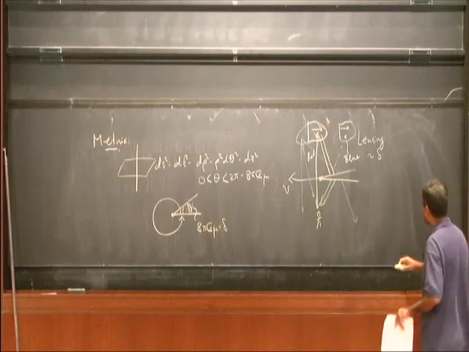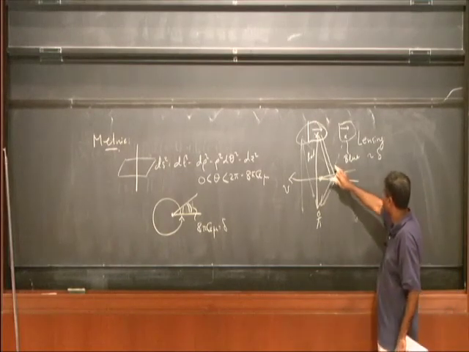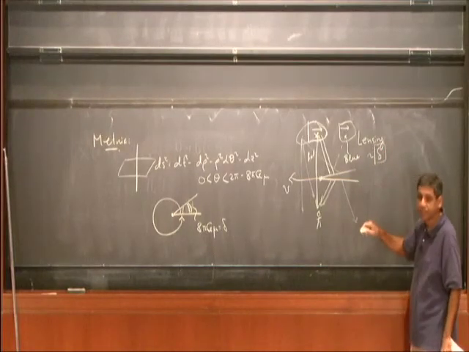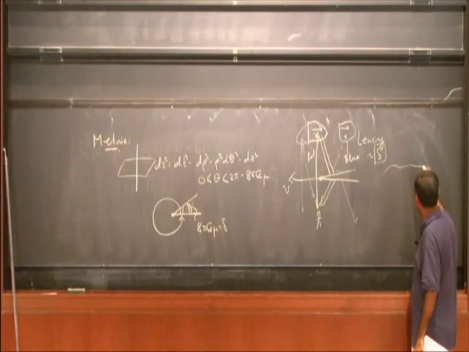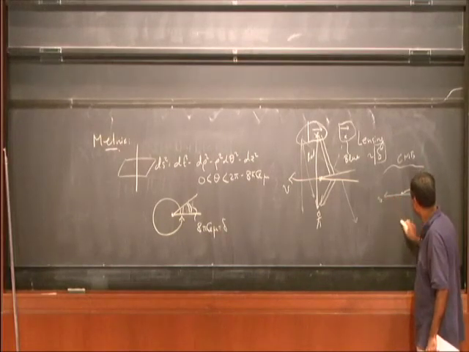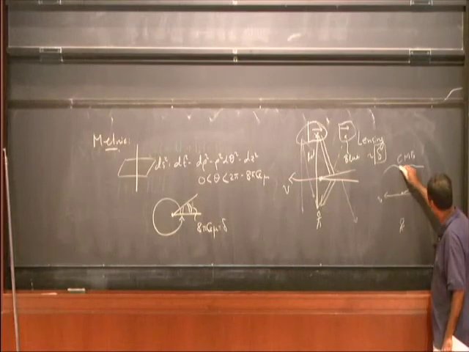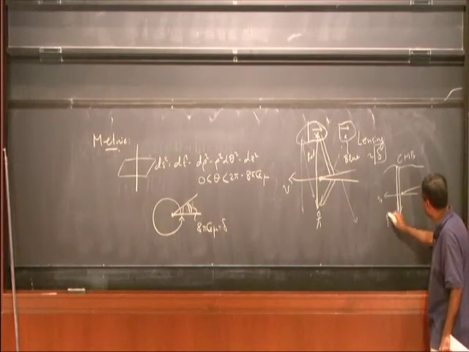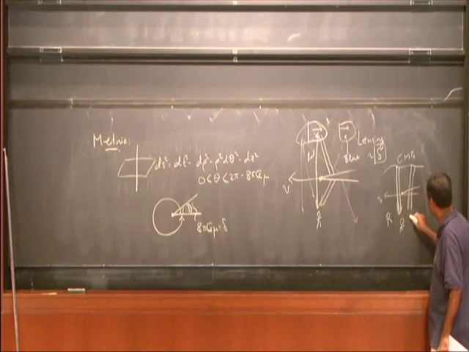Now, this is a small effect, again order delta. But in the CMB, if you had the CMB and you had a string and you were here, what you would expect to see is that the CMB on this side would be red and on this side would be blue.